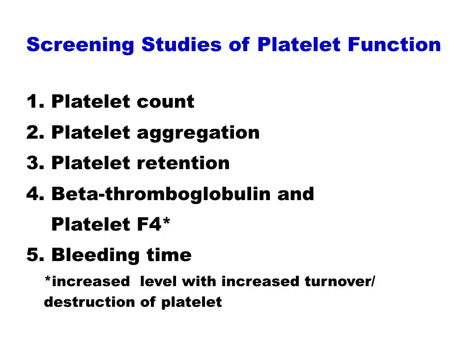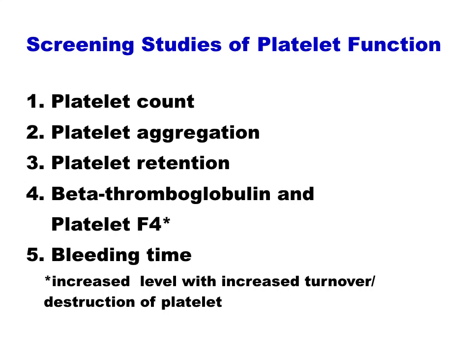So, how do we screen or test for platelet function? We have several ways of doing that. Number one is platelet counting. We'll be talking about this in a while. You can test, this is with regards to the number, and then for specific function of the platelet, we can check for aggregation, we can check for platelet retention, we can also determine the level of beta thromboglobulin and platelet factor 4.